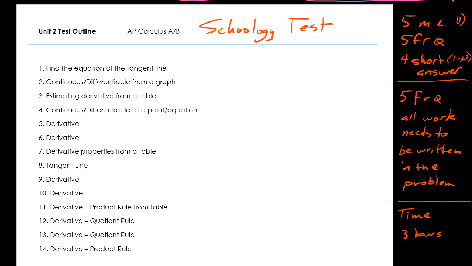Tangent line, number 8. It doesn't say equation of a tangent line, so I'm wondering if it's just a question about the tangent line itself. So like maybe what is the slope of the tangent line? I mean, I could be wrong.